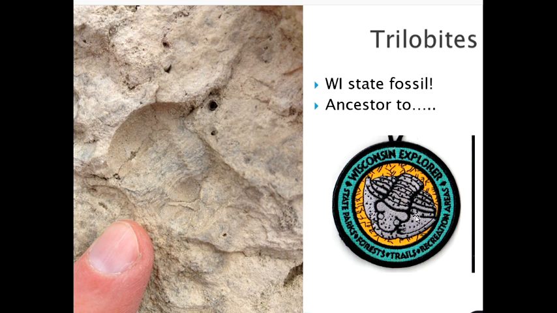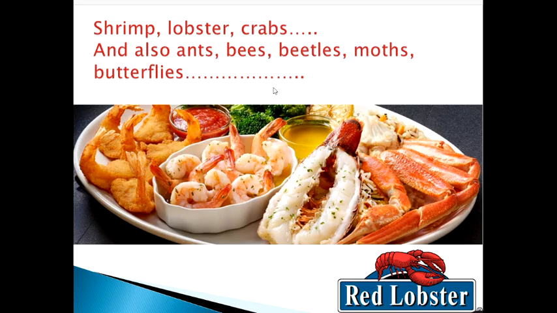And it has this picture of this beautiful Flexicalymene, which is our state fossil. So even our legislators, maybe they don't know so much about geology, but they recognize the importance of these things this way. And this trilobite, well, it's an ancestor to all kinds of things that you know of as seafood.